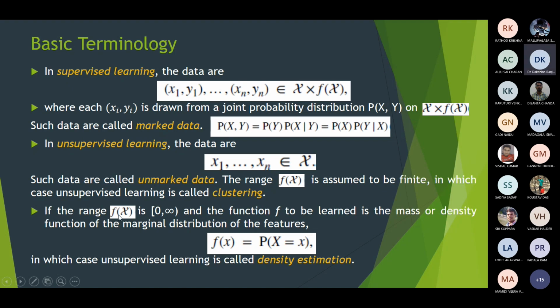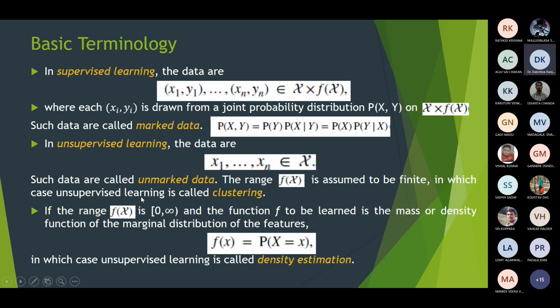So if the range f of x is in this range, this is called the half closed interval. In this half closed interval, the starting point is 0 and the end point is infinite.